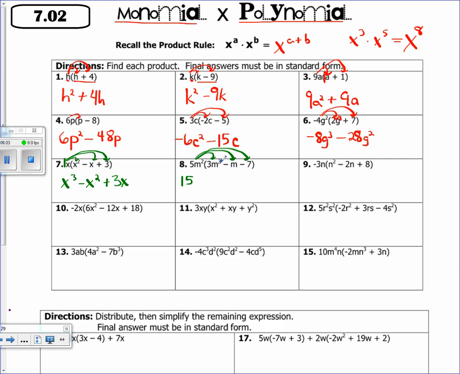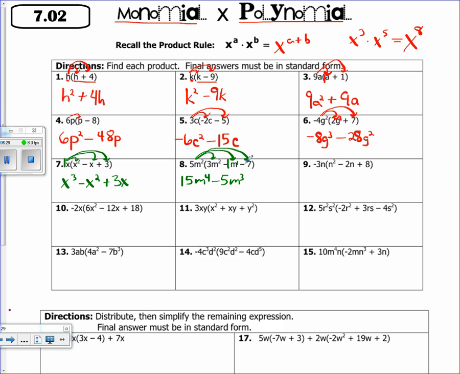M squared times m squared, well that's 2 plus 2, so that's going to be m to the 4th power. Alright, now this is a negative 1 in front of there, so 5 times negative 1, that's going to be negative 5 or minus 5. And that's m to the first, so m squared times m to the first, that's m cubed.